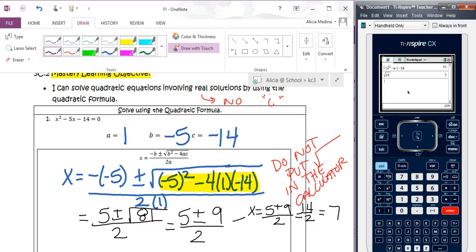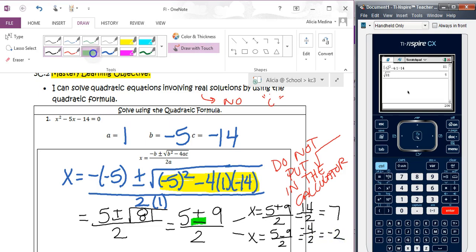But we also have to take into account that there's that subtraction sign, so we also have to subtract to get our other solution. So 5 minus 9 over 2. 5 minus 9 is negative 4 over 2, which is equal to negative 2.